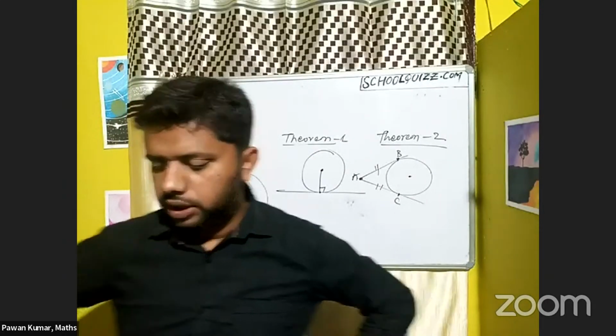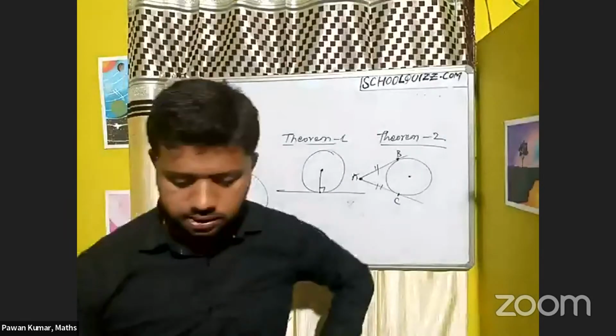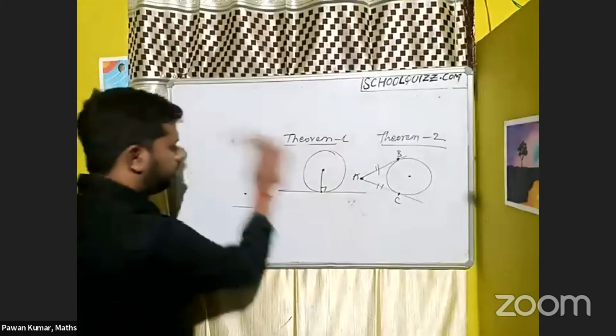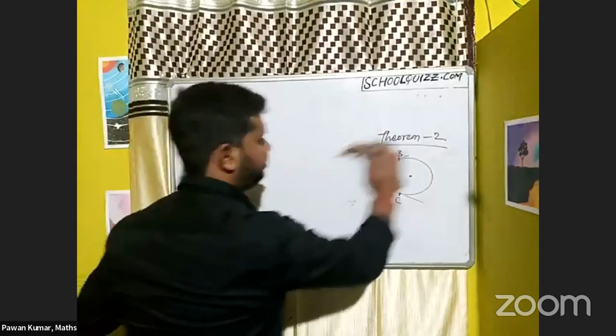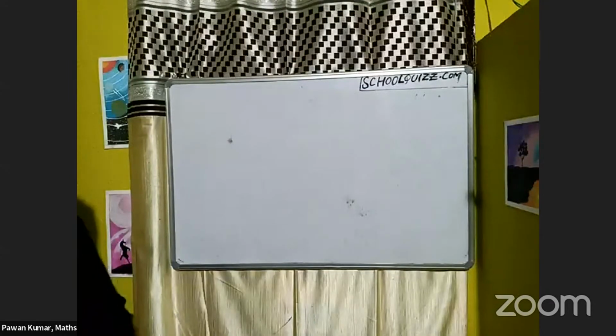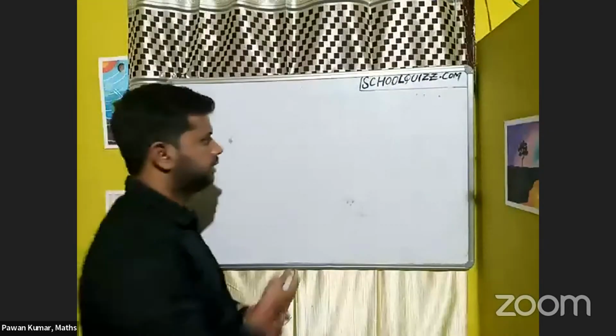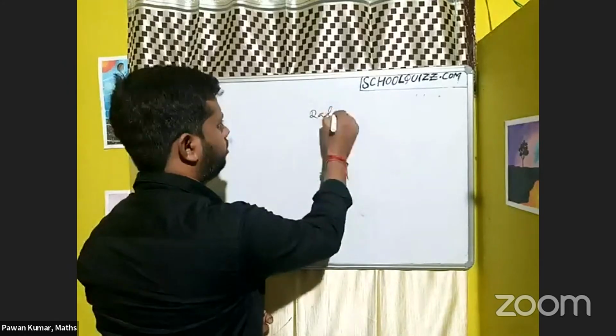See, simple things you can do here. First thing, they already gave you the radius there. How much radius did they mention? 2.4 centimeter.